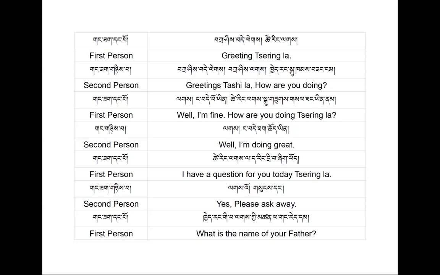So this is greeting someone. Whenever we meet someone, whether it be someone that we know or someone that's new, we greet them first before initiating a conversation. Like we discussed, one of the best greetings that we have in Tibetan is Tashi dele. So Tashi dele Tsering la.